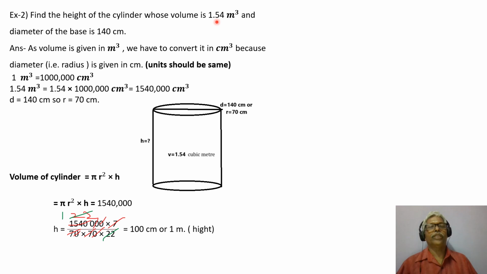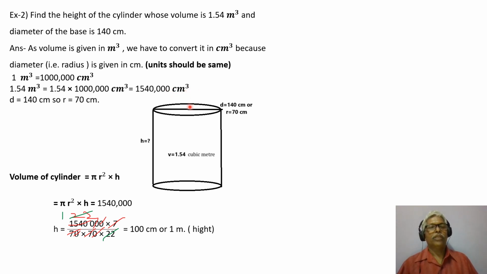So convert this into centimeters. This is the formula: 1 meter cube is equal to 100 centimeter cube. That means 1.54 meter cube will be 1.54 into 1,000,000 centimeter cube, or this will be 1,540,000 centimeter cube. Very simple.